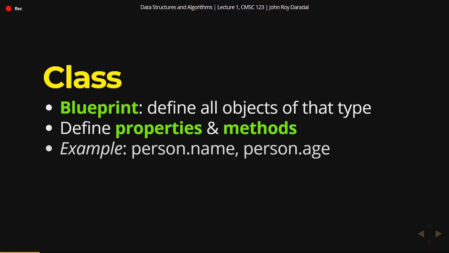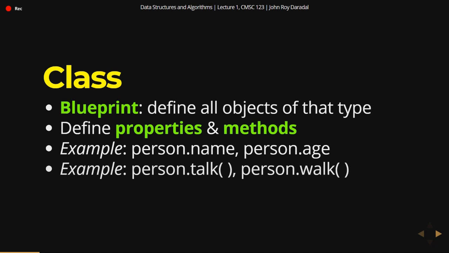So examples of properties would be person.name, person.age, right? So properties are like information. Examples of methods would be person.talk and person.walk. So these are actions or methods. Okay, so the class is a blueprint.